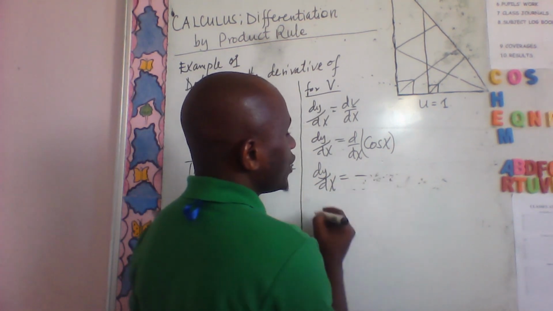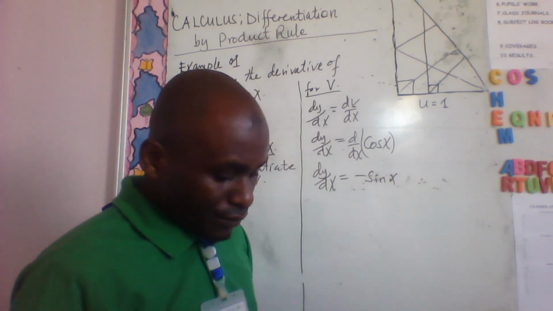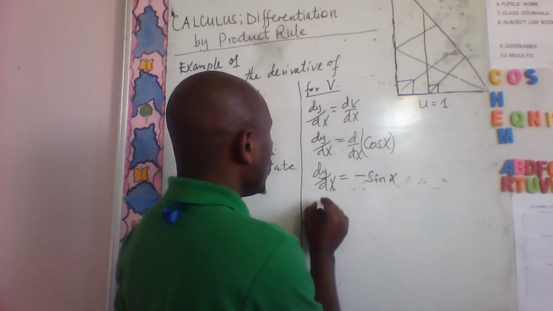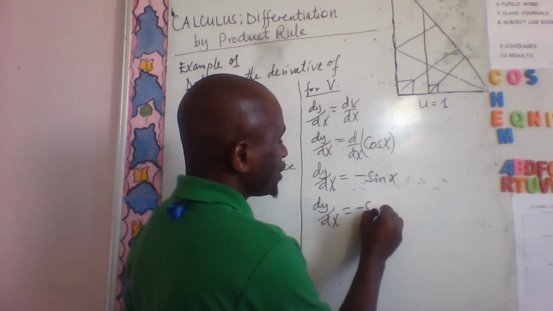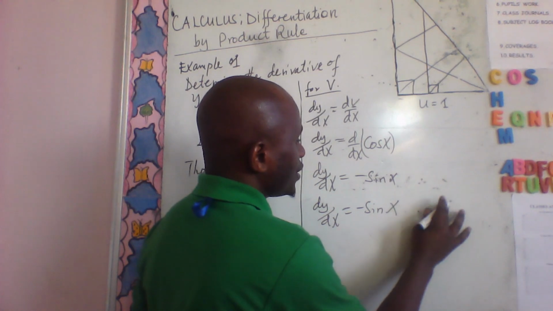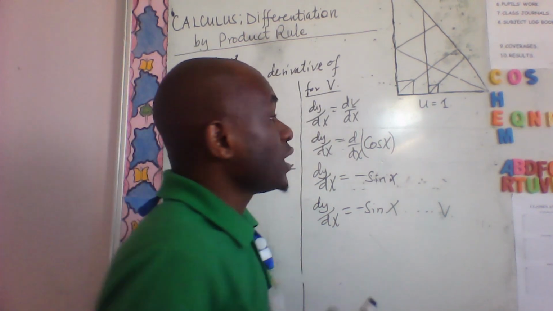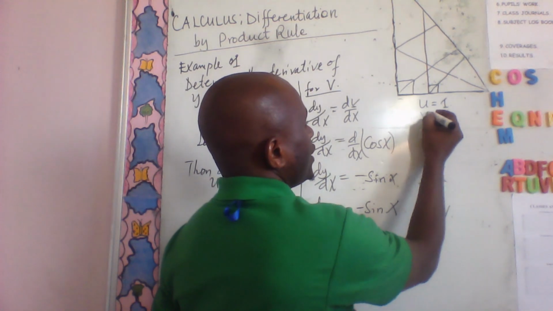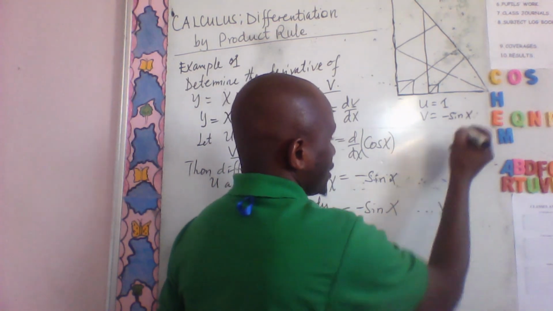So here we will remain with the negative sine x. So dy over dx is equal to negative sine x. This is the value for v. And if it's the value for v, let us place v here is equal to negative sine x.